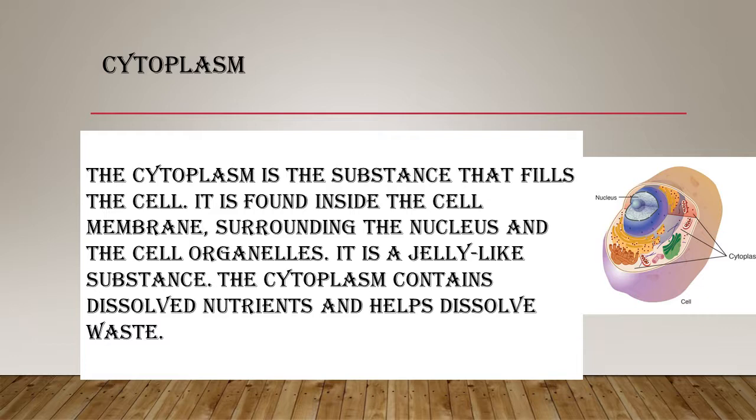The cell membrane is the outermost boundary, and inside that the nucleus is there. Whatever material is present between the nucleus and the cell membrane is known as cytoplasm. It is a very important part of the cell as it contains different cell organelles which are very important for the life processes.